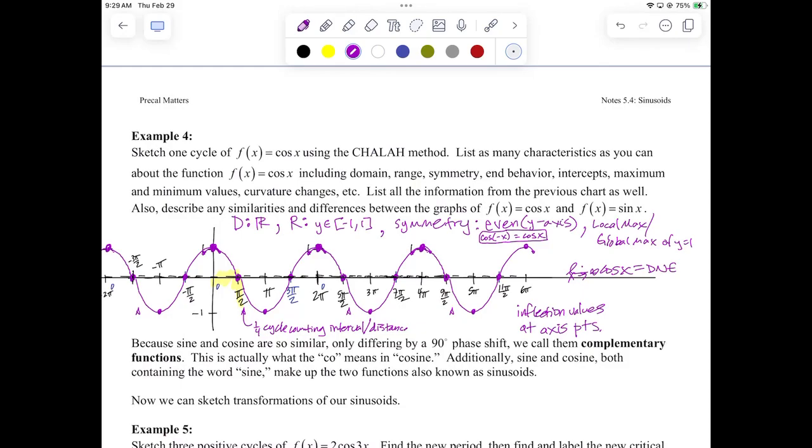In fact, if I just take this entire graph, lift it up in one fell swoop, all I'd have to do to turn this graph into a sine graph is pick it up and move the point where my finger's at, negative pi halves, 0, to the right pi halves. If I move it right pi halves, I'll have the graph of sine. The phase shift. The sine graph and the cosine graph are exactly the same. They're only out of phase with each other by pi halves.